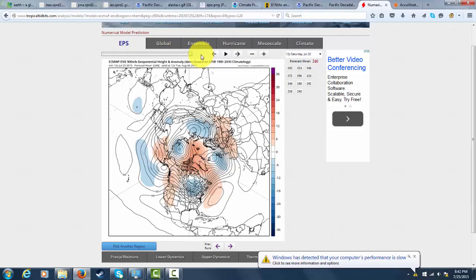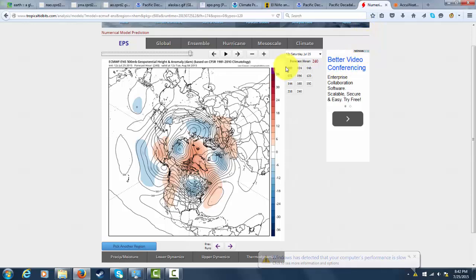Currently, I'm favoring the GFS a little bit more, because even though the NAO is still going to be negative, it's going to be relatively neutral, while the PNA decreases more significantly. So I think right now I might be more inclined to favor the GFS over the European.